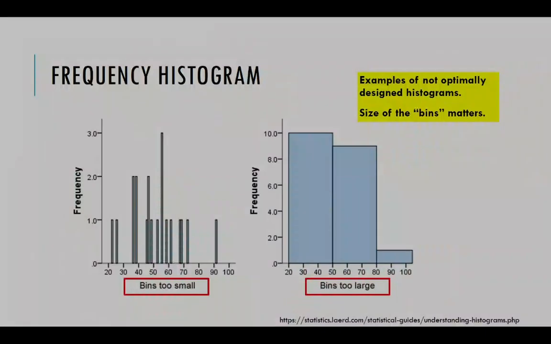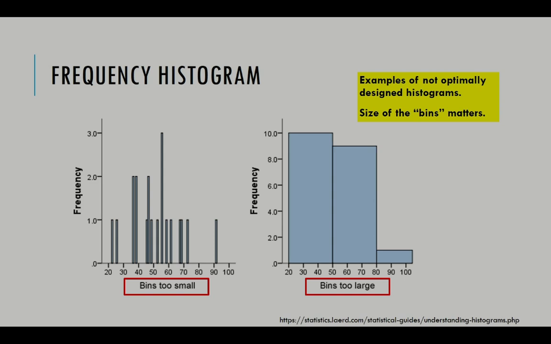So let's think about these examples. These are examples of where we really haven't optimally designed the histograms because of the size of the bins. The bottom line, size of these bins matter. So look at the graph on the left. What's going on here is that the bins are just too small, which makes it hard to read.